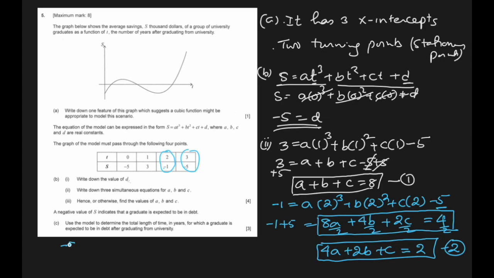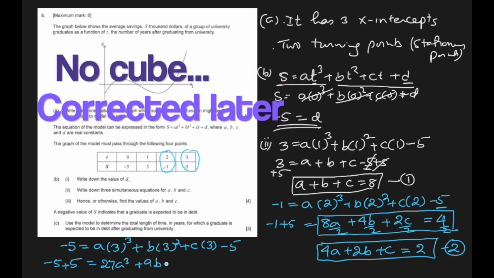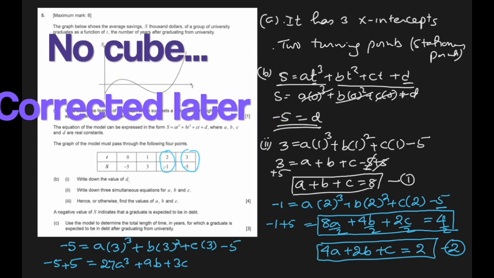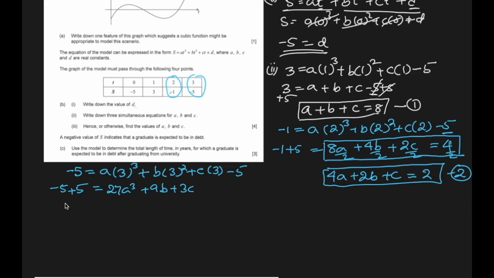When S is minus 5, T is 3, right? When T is 3, S is minus 5. So a 3 cube plus b 3 square plus c 3, and we have minus 5. So minus 5 and the other 5 comes here. It becomes 27a plus 9b plus 3c, and finally it will become 0.